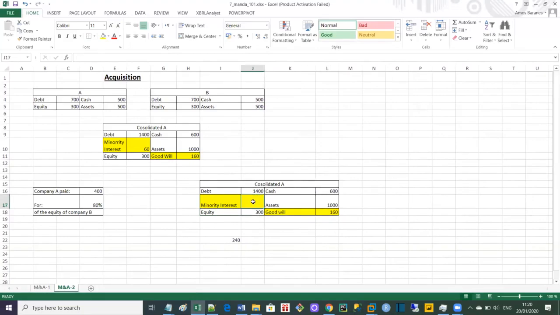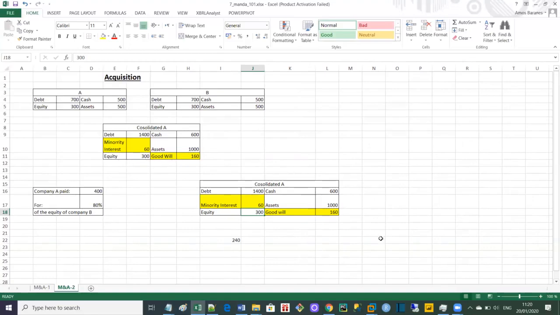And how much should that be? It's exactly the 300 minus the 240. Or in another way, the 20% that company A did not buy is exactly 60. 20% of 300 is 60. Now it will balance. And that's exactly the result we got in the simulation.